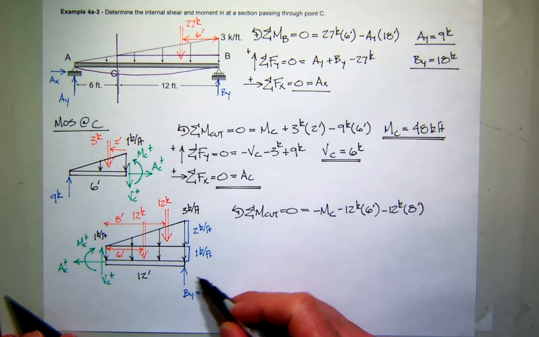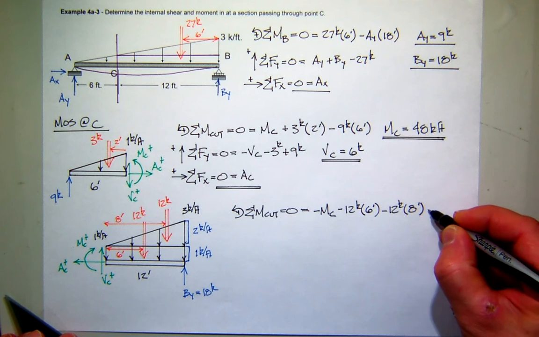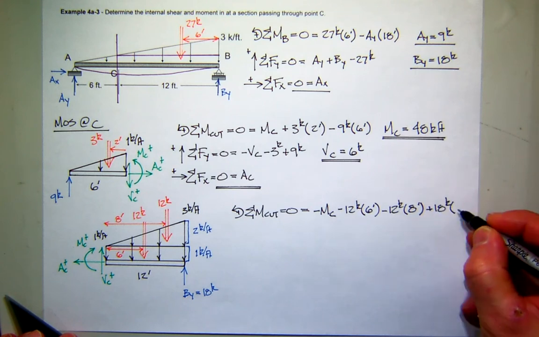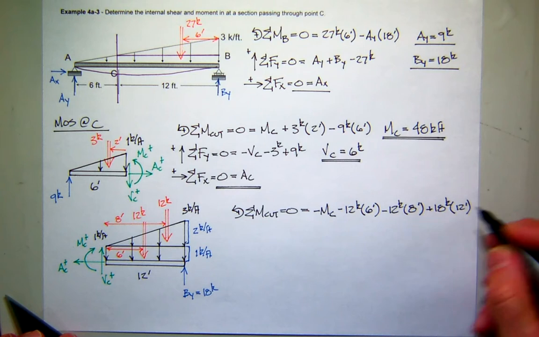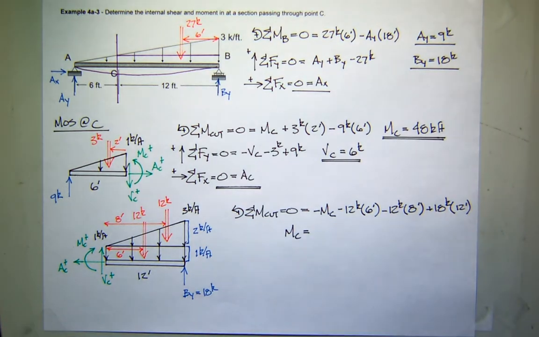Then all the way over here is my reaction. That creates what kind of moment about the cut? Positive, and that's 18 kips. And what's the moment arm? 12. So what should the moment at C be equal to? If we're lucky, it's going to be 48.